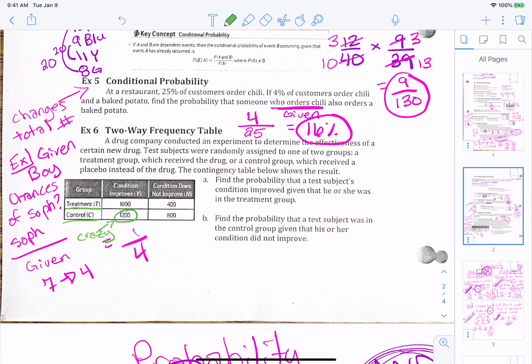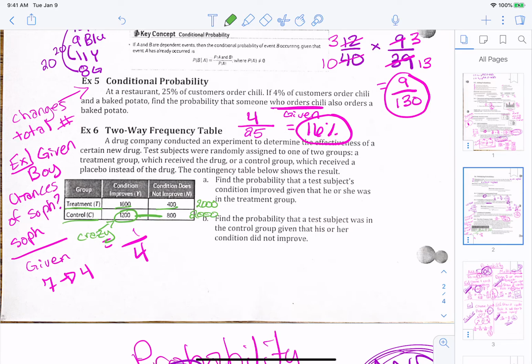So there's that. So out of the total, there were 2,000 people total given the treatment. Do you see that? If I total these two rows up, 2,000 total people were given the treatment, okay? The control, if I add these two up, that's 2,000 also. So 2,000 given the treatment, 2,000 given the control.